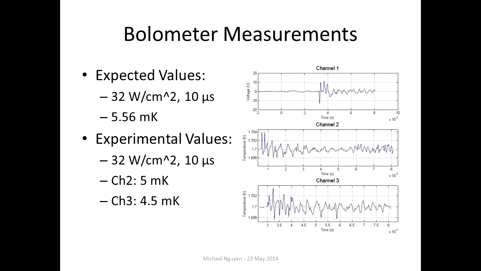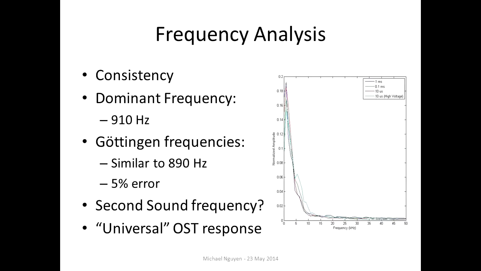Looking at the experimental values, for a 32 watt per centimeter squared pulse at 10 microseconds, we find that the closest temperature sensor has a change of 5 millikelvins, and the second temperature sensor has a change of 4.5 millikelvins. And so using this, we have an average of 0.5 millikelvin change between the two temperature sensors, and so the energy seems to be quite constant throughout the tube.